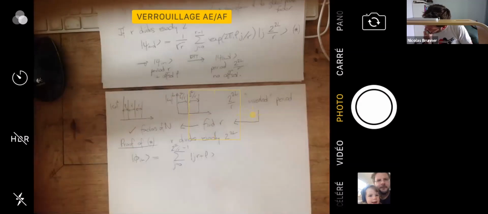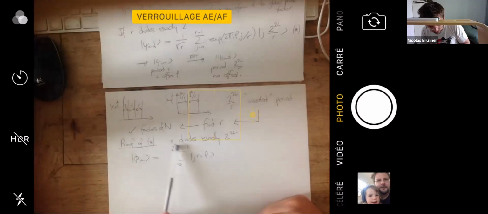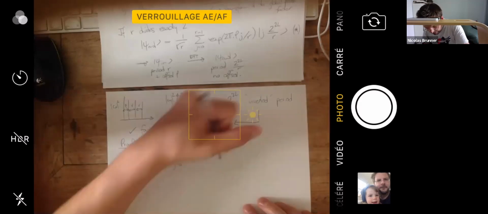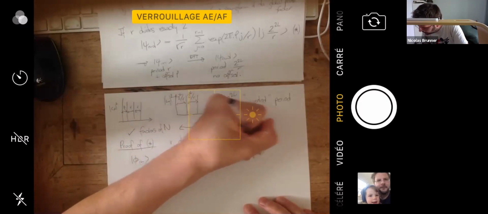Now you see, because R divides exactly 2 to the 2L, it means that 2 to the 2L over R is the number of different steps I have, right? And so this is the right thing here. Good. So now this will be my input state, and this is what I call the coefficients X.